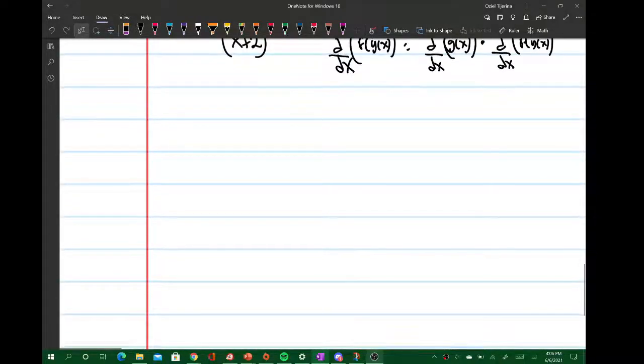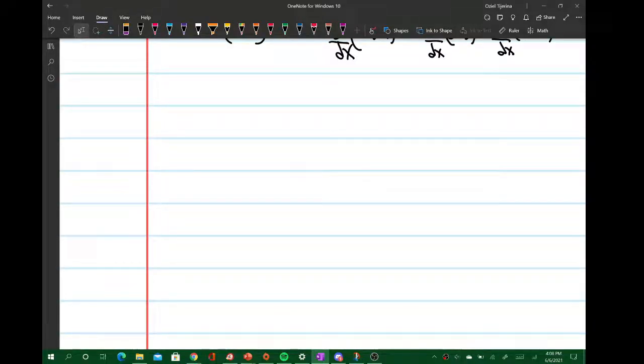One of the things that we should know, well, actually, hold on. So let's just try to take the derivative of the square root of x.